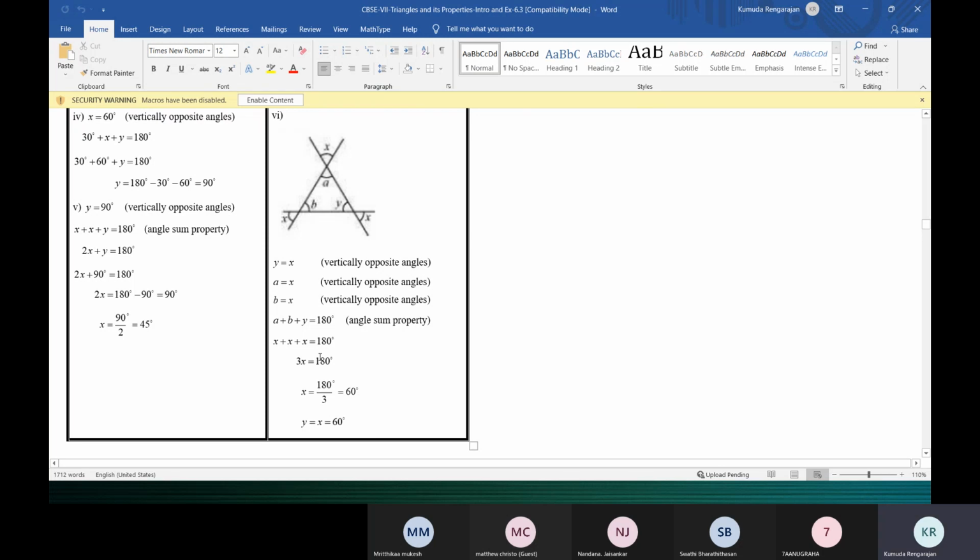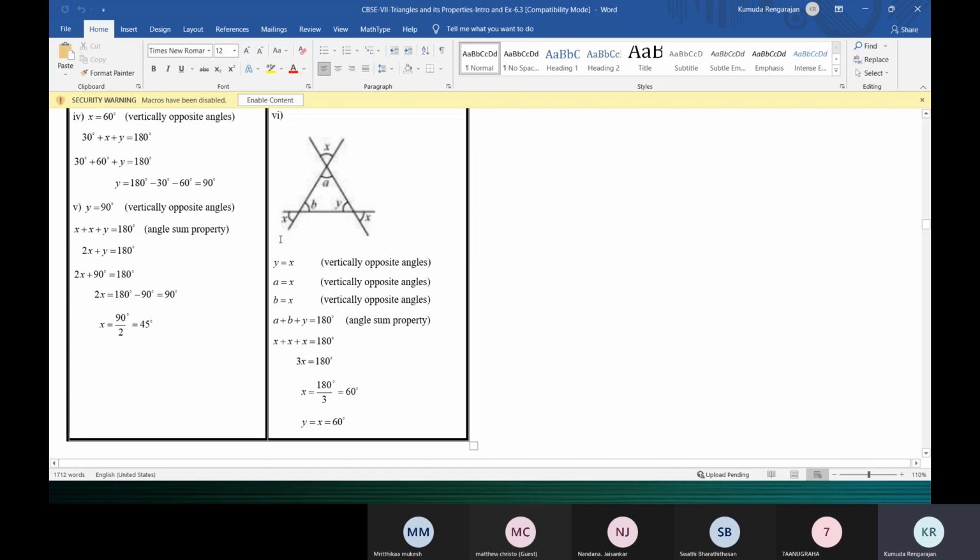Children, do we understand the presentation, the way it has worked? Understood, ma'am. y is equal to x, A is equal to x, B is equal to x. Vertically opposite angles are equal. Now inside the triangle, we have A, B and y. Their sum is 180. But A is x, B is also x, y is also x, because of vertically opposite angles.